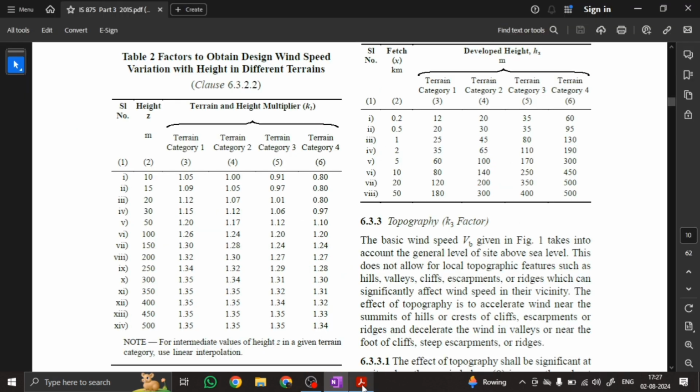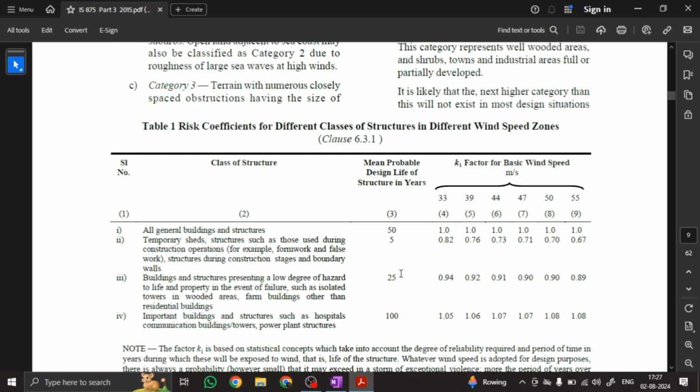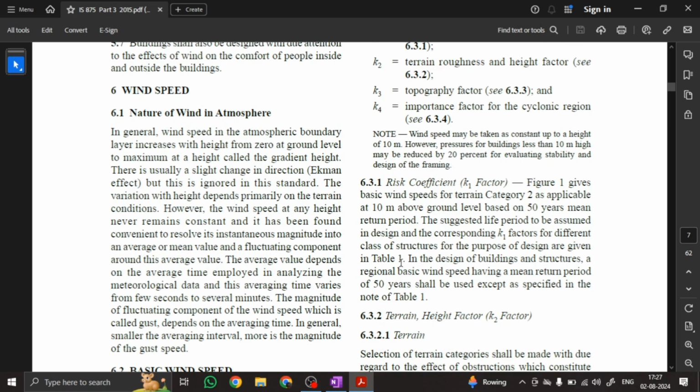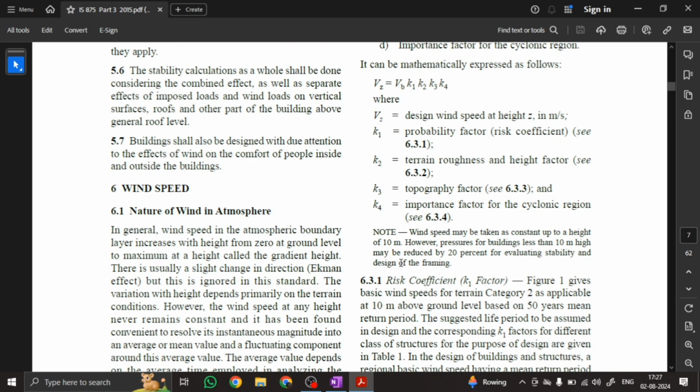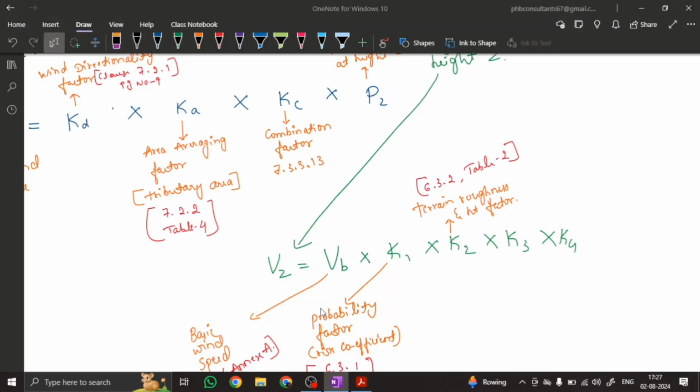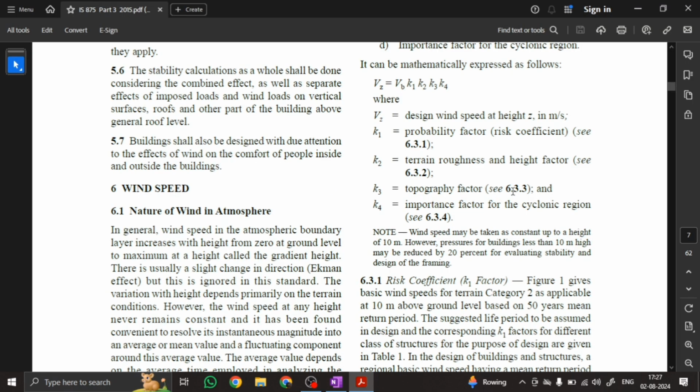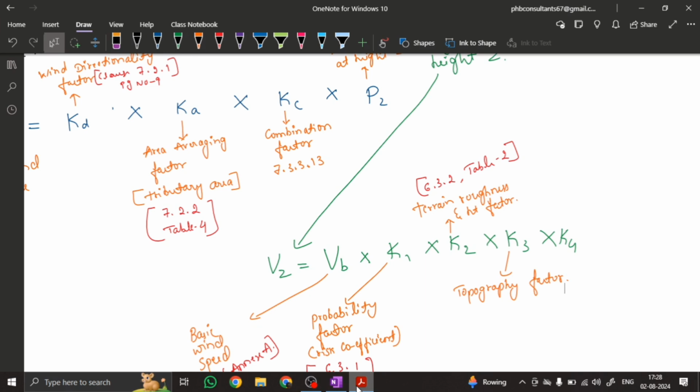Now what do you mean by K3? K3 is the topography factor. K3 means, the code says, clause 6.3.3.